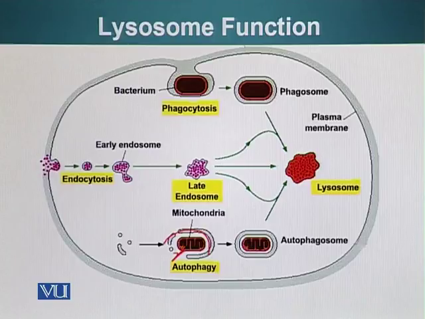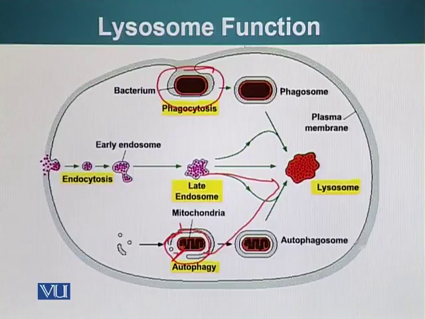A membrane will form around this mitochondria. It will fuse with the lysosome, and basically be degraded. We already know how bacteria are phagocytosed by, for example, white blood cells, and these bacteria also end up in the lysosome where they are degraded.